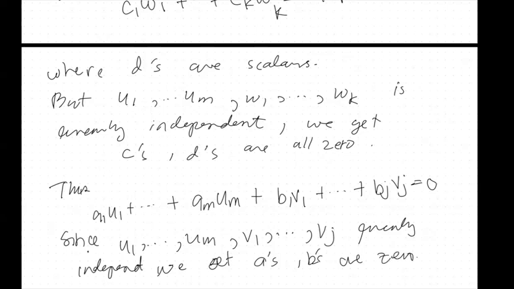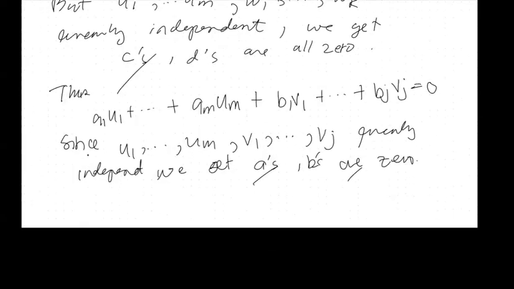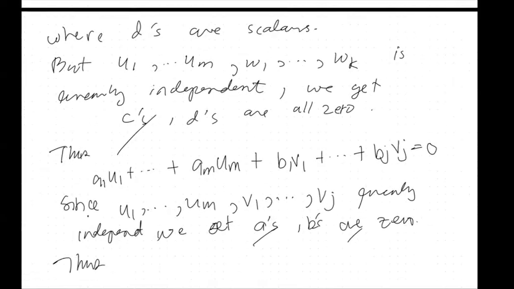From here, the C's are 0, the A's are 0 and the B's are 0. Thus, the A's, B's, and C's are all 0.